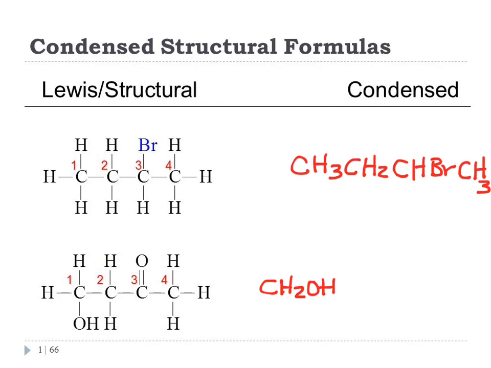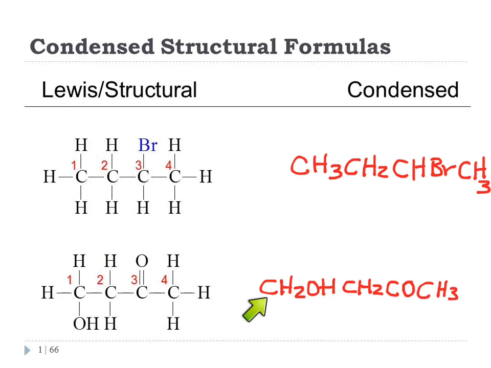And carbon 2 has what attached to it? 2 hydrogens. And then the next carbon has what? Just 1 oxygen. And then the last carbon has 3 hydrogens. So that's a condensed formula, or a condensed structural formula.